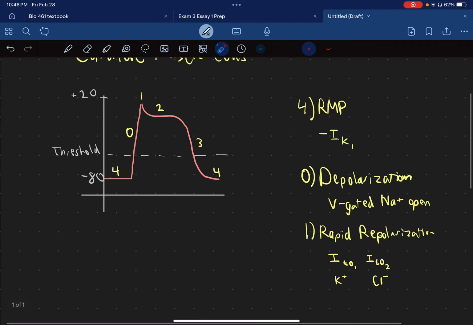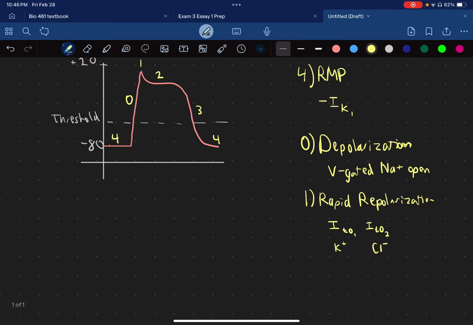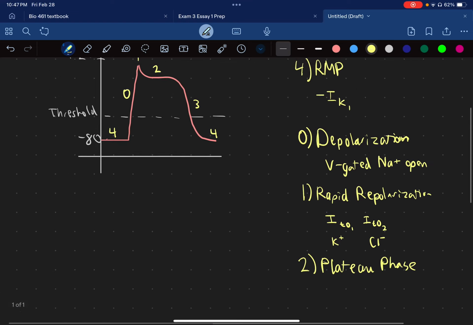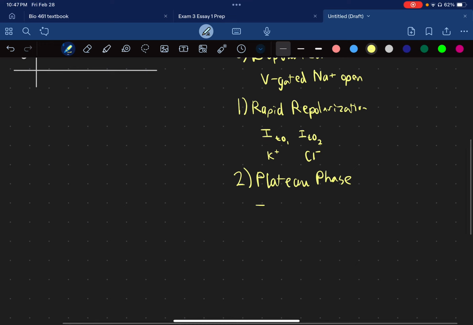But as you can see, there's this plateau phase here, and what causes that is a delayed influx of calcium. So plateau phase, what's going to happen is there's influx of calcium. So the calcium channels are going to open up.